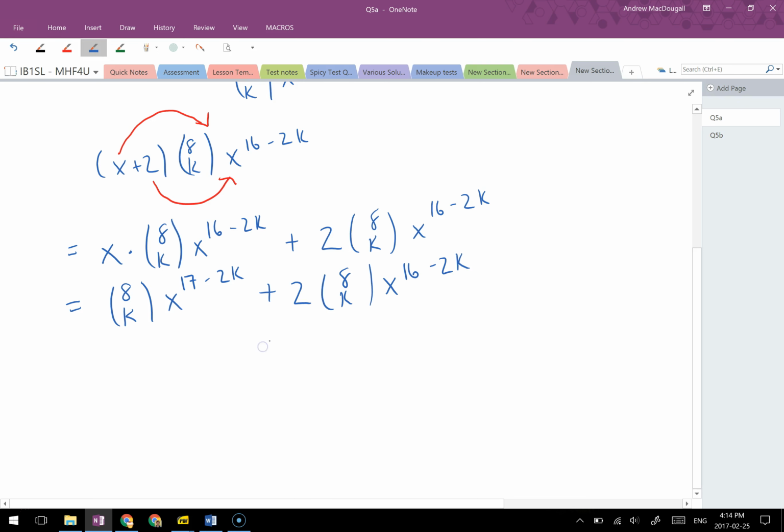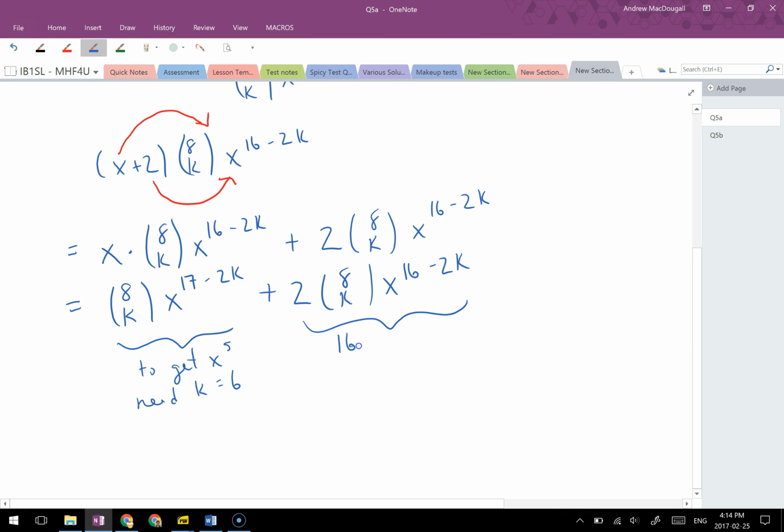Now let's look at the left. To get x to the power 5, we would need k to be 6, because if k is 6, we have x to the power of 17 minus 12, which is 5. Great. Now let's look at the right. Is 16 minus 2k ever 5 for any integer value of k?